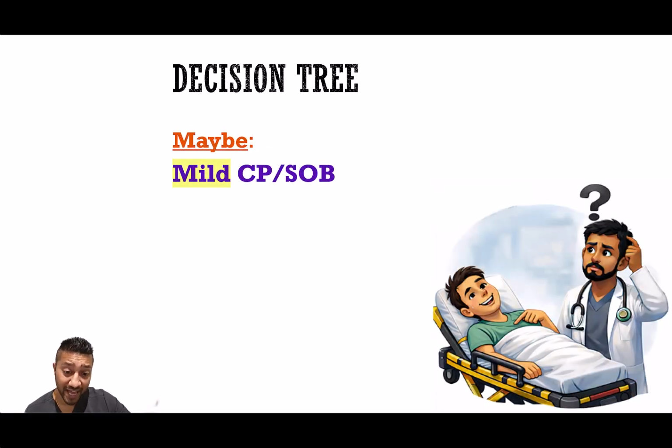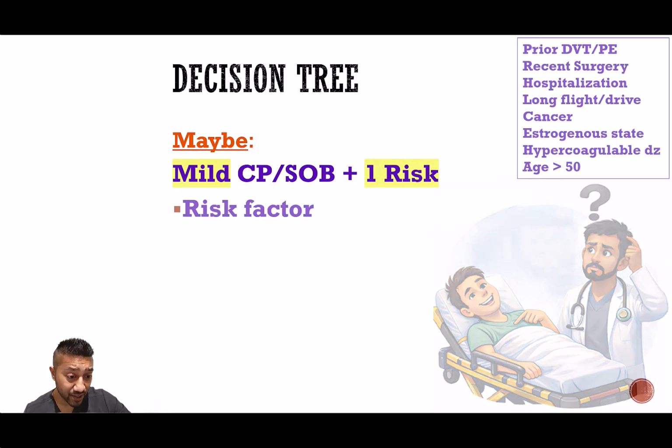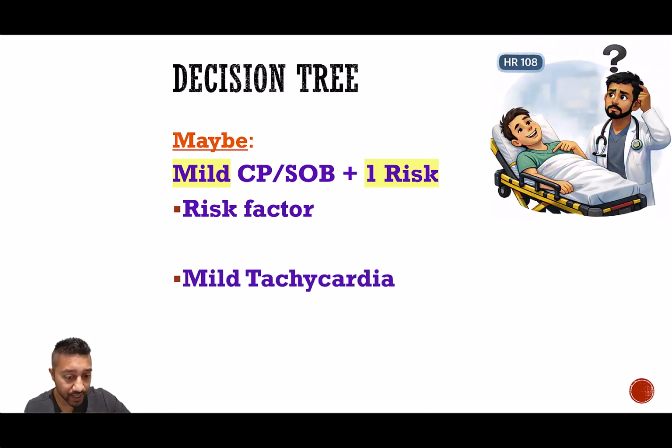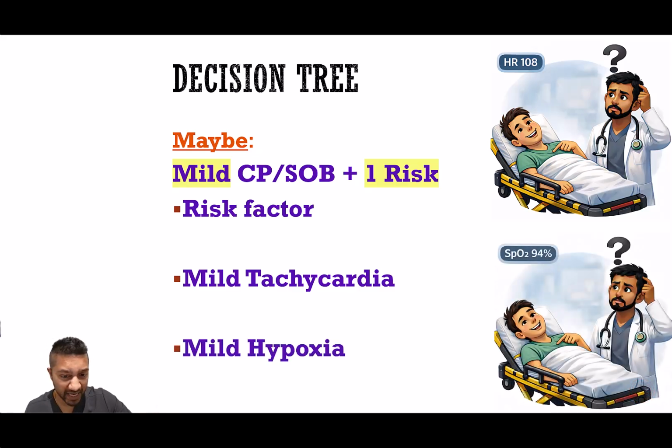On top of that, they're only allowed to have one risk feature. Now, that could be in the form of one of the risk factors that we previously discussed, or it could be a minor vital sign abnormality like a mild tachycardia, less than 110 beats per minute, or a mild hypoxia like 93, 94%. But the key is that the patient still has to look well with mild symptoms.